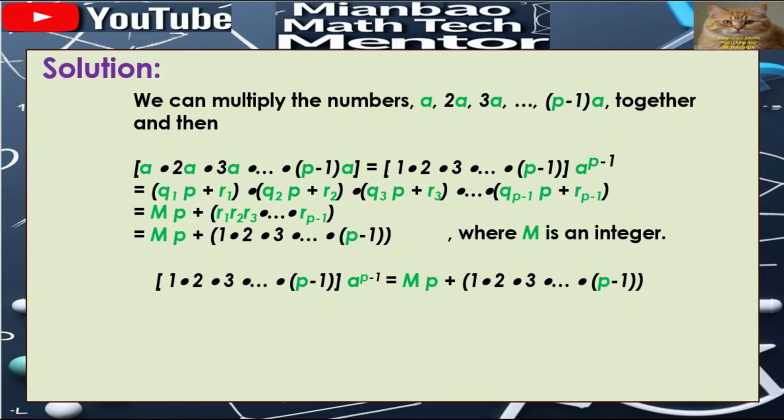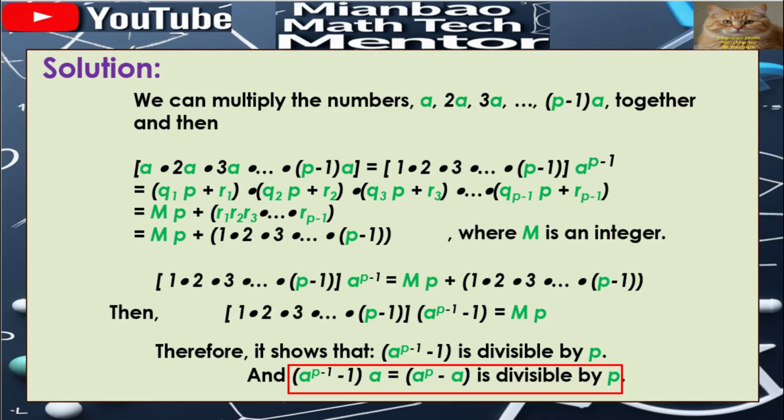It equals m times p, plus 1 times 2 times 3 and so on times (p minus 1), where m is an integer. Then, 1 times 2 times 3 and so on times (p minus 1), times (a to the p minus 1, minus 1), equals m times p.